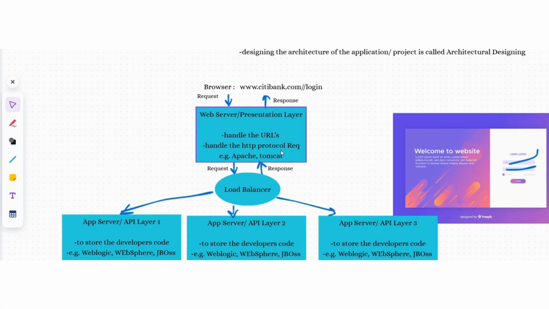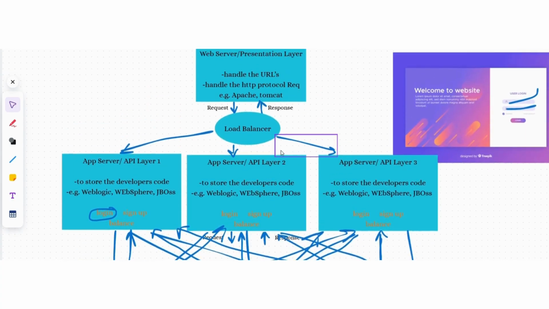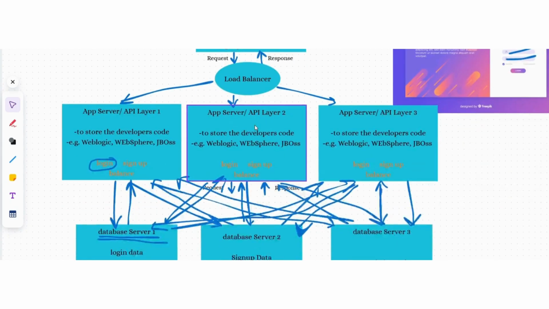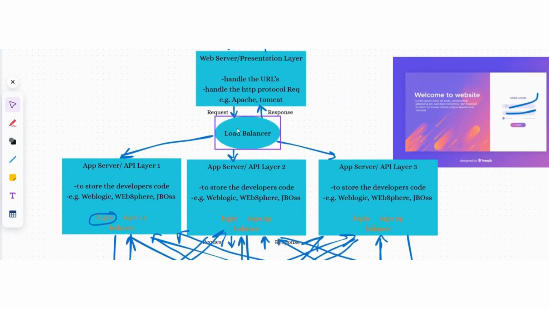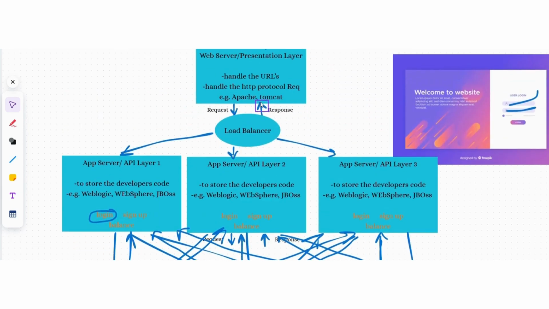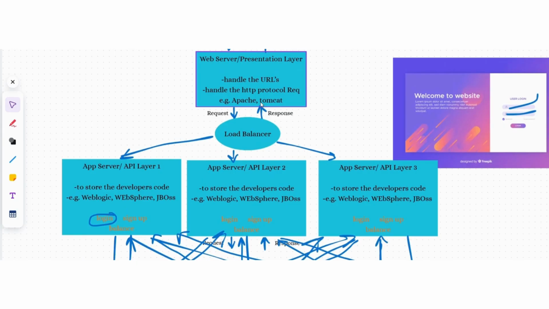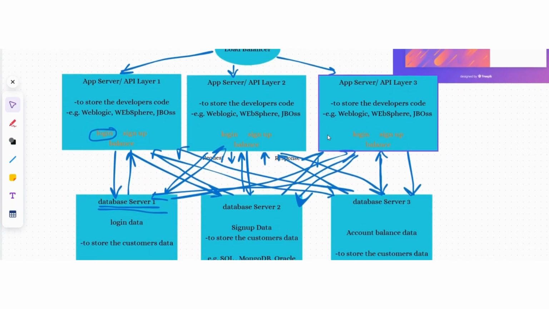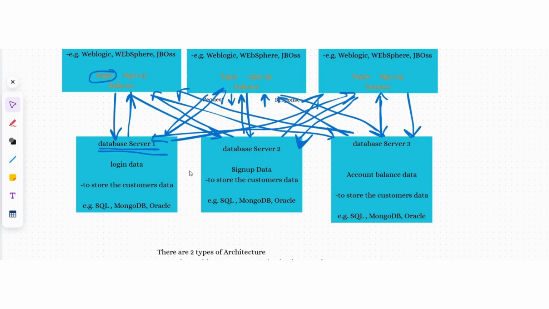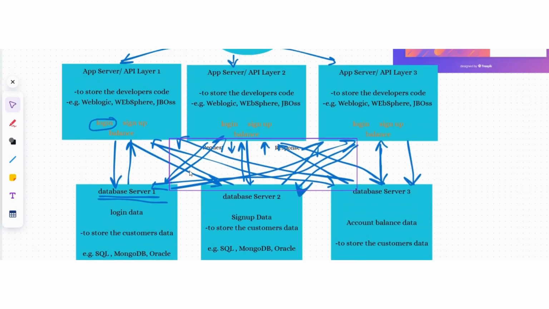Okay. Next question is, does every request from the browser go to the database server? No. Only the requests that need to fetch or store data go to the database. For example, if you enter your username and password on the login page, only then will your request go to the database, because it has to check whether the username and password entered by the user are correct.